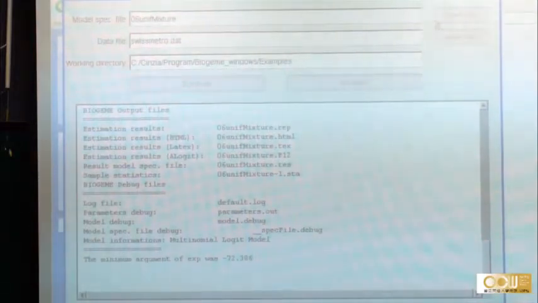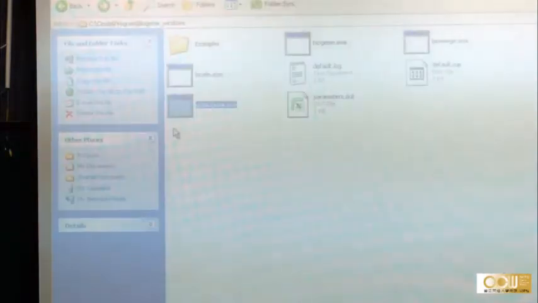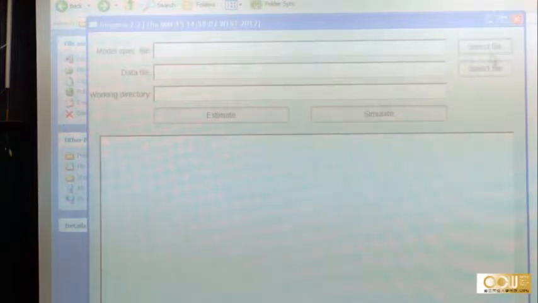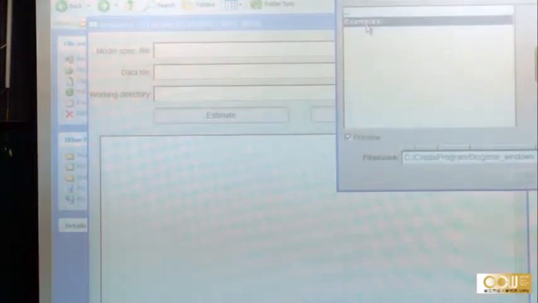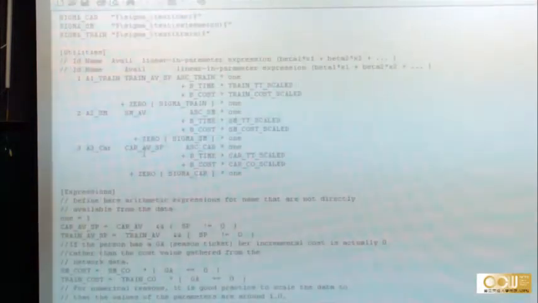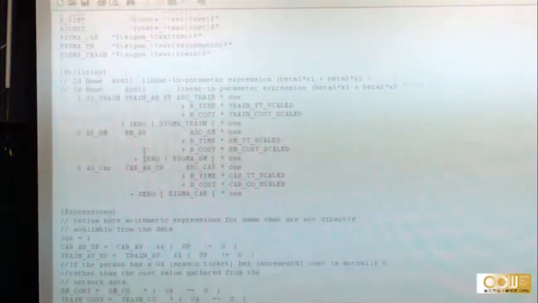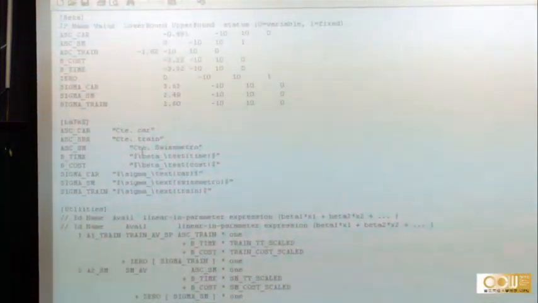Let's also see. Oh, the other thing is that you need to close this every time you want to restart. Let's see error component. So this is panel.